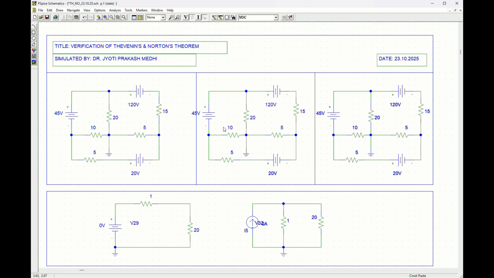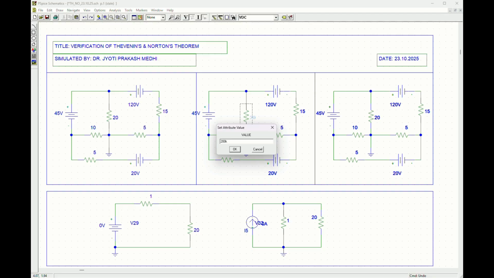Now how to determine the V Thevenin? Normally in theoretical calculation, we just remove the load and determine the open circuit voltage, but the PSPICE software doesn't work like that. Instead, we can increase this load to a very high value, which will be similar to an open circuit, and then determine the voltage at the terminal.